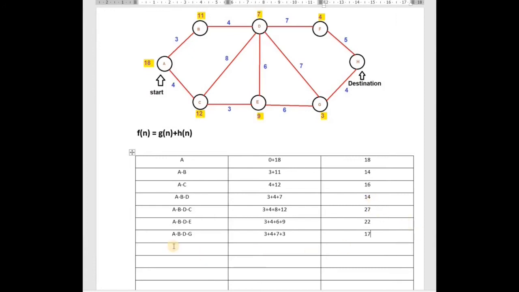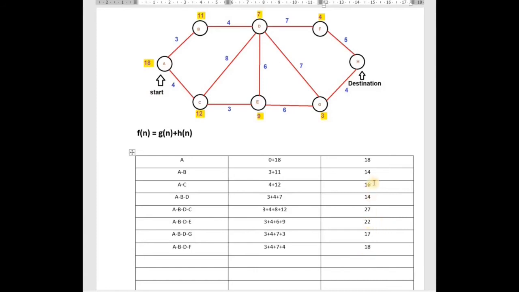I have one more, that is A, B, D and F. For A, B, D and F, what will be the value? 3 plus 4 plus 7 plus 4, where 4 is the heuristic value of F. I am getting 18 there.